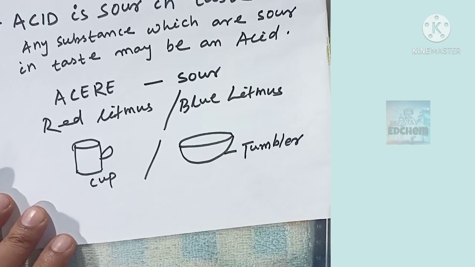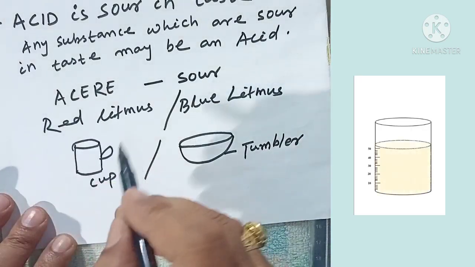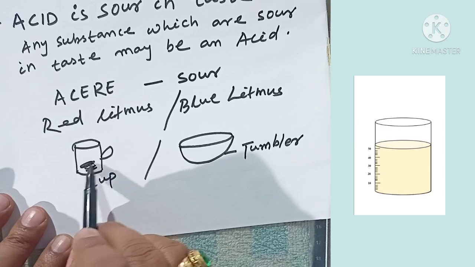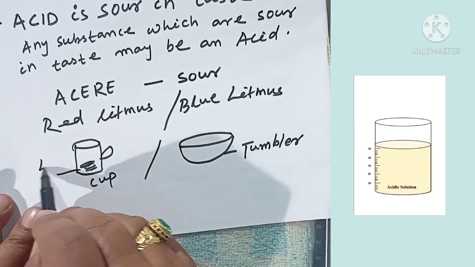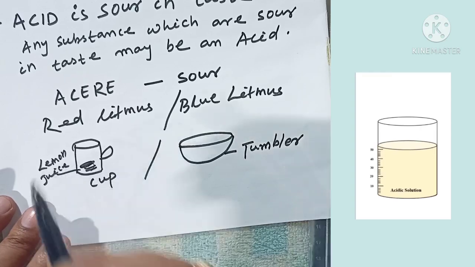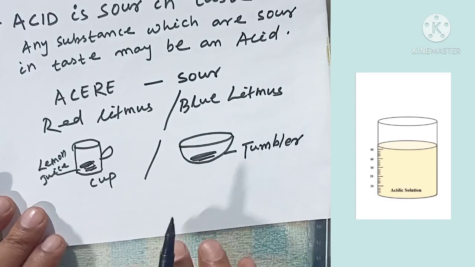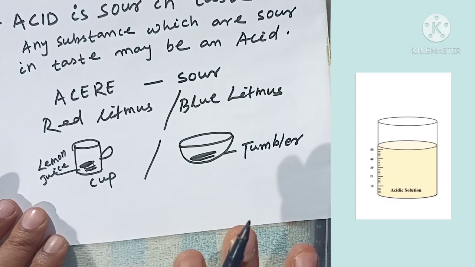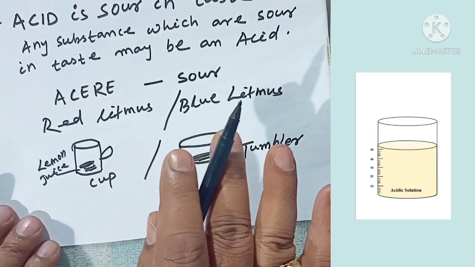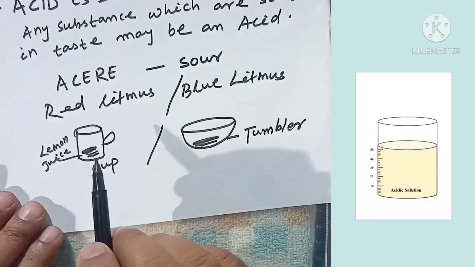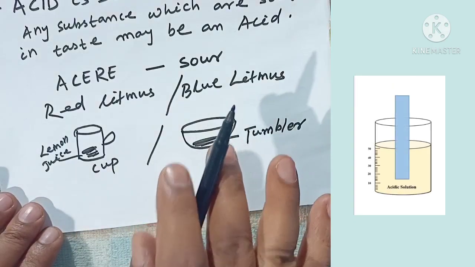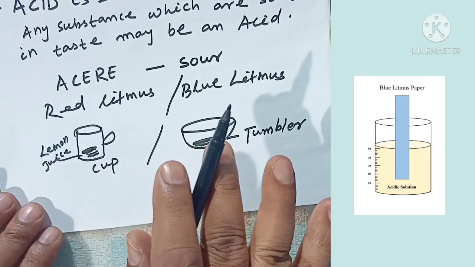Just take some lemon juice here, or here also you may take some lemon juice. Now take two types of litmus paper. Dip the red litmus paper and blue litmus paper here, and observe.